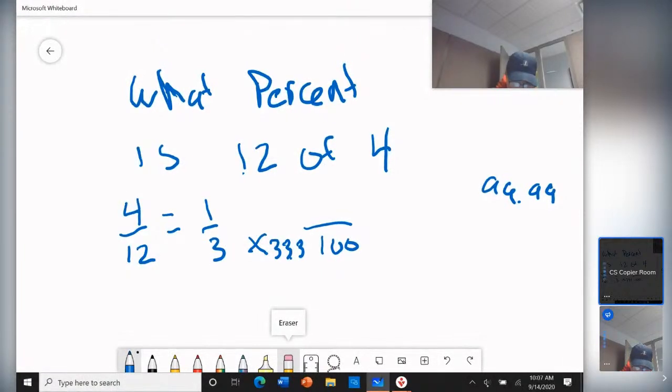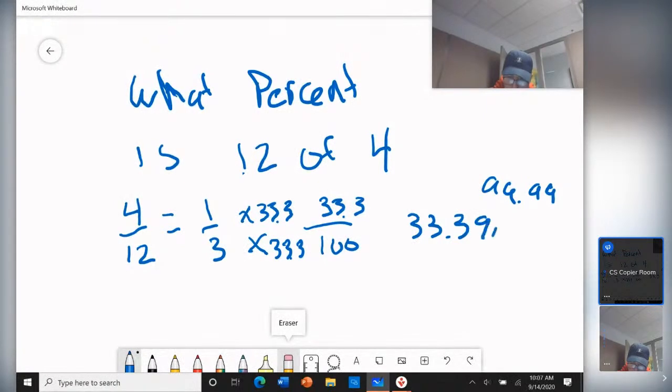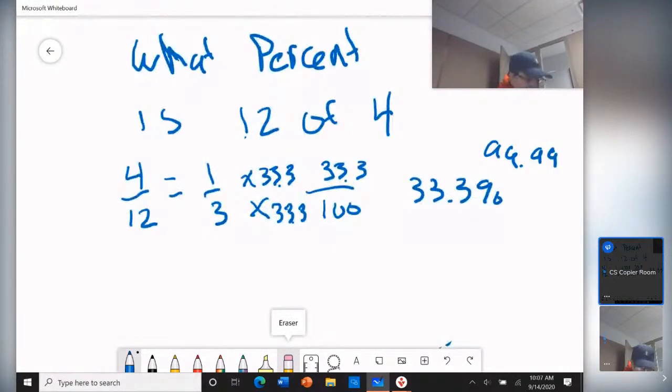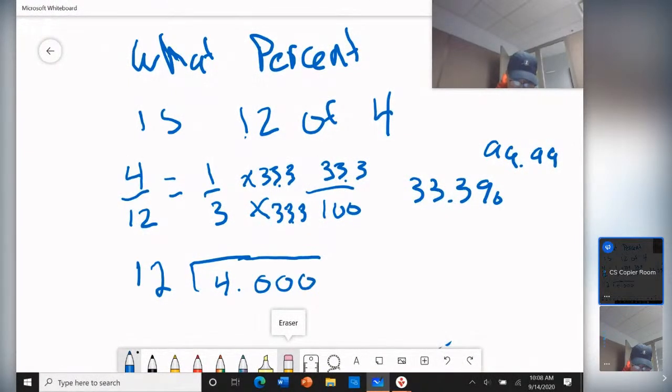So the top then is 33.3. That's a third. 33 1/3%. So it'd be 33.3%. And if we're going to do the division here, it would be 12 into 4. We get these zeros here.